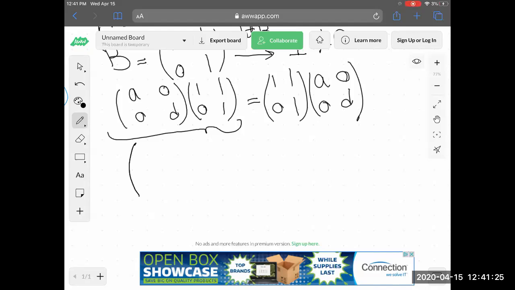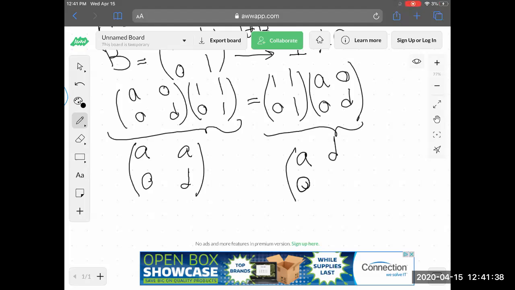So this multiplication would be [A, A; 0, D]. What about the other multiplication? It would be [A, D; 0, D]. These two have to be equal. What does it mean?